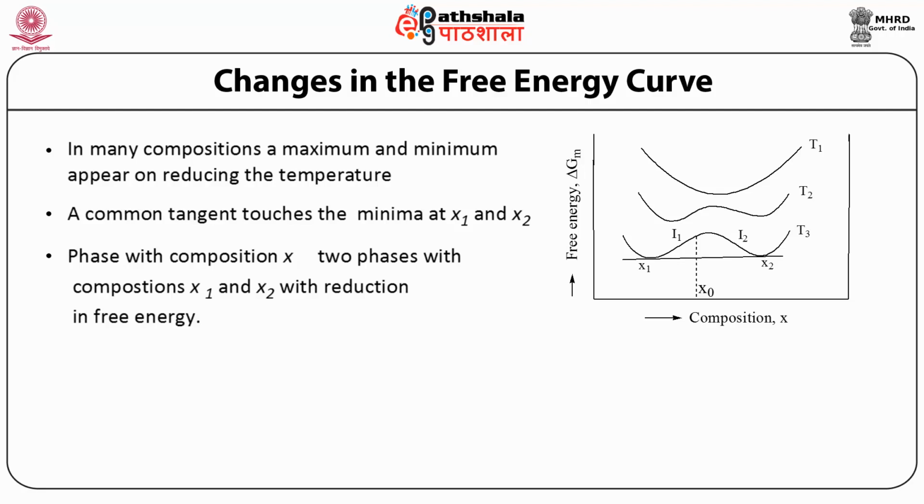This upper critical temperature is shown in the figure. Below this temperature, say T3, so here T3 is the upper critical temperature, a common tangent can be drawn to the two minima. The tangent touches the minima at compositions x1 and x2.